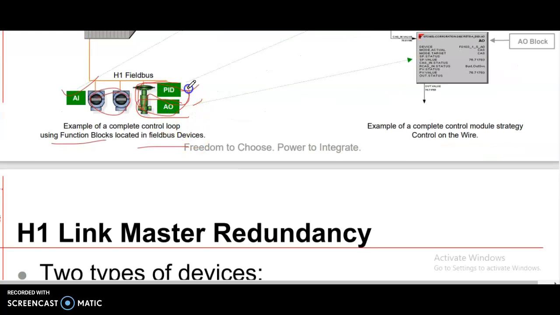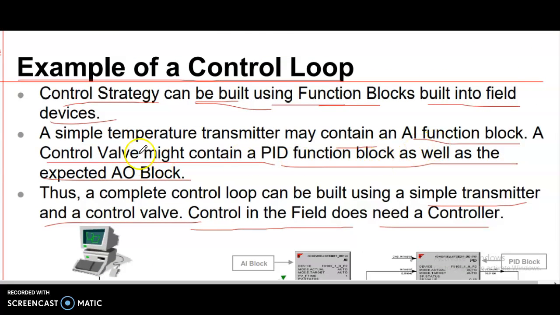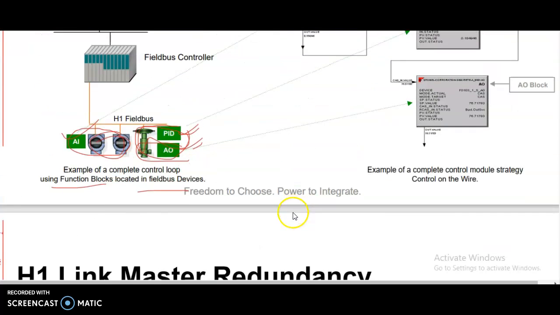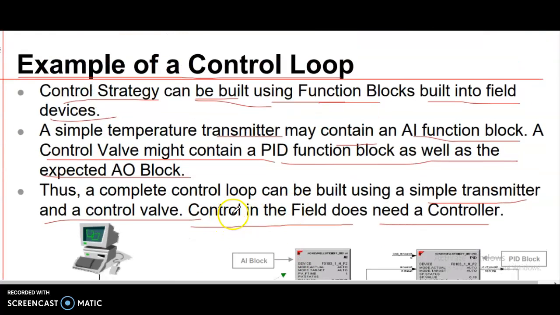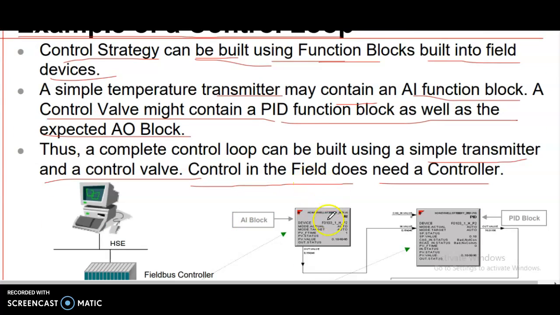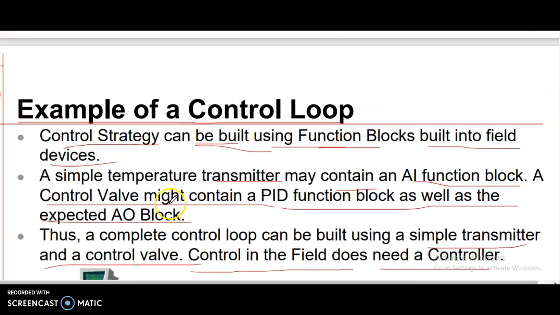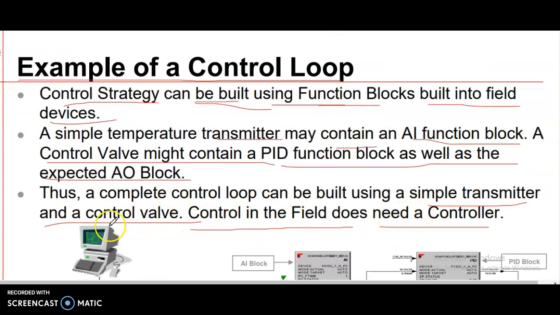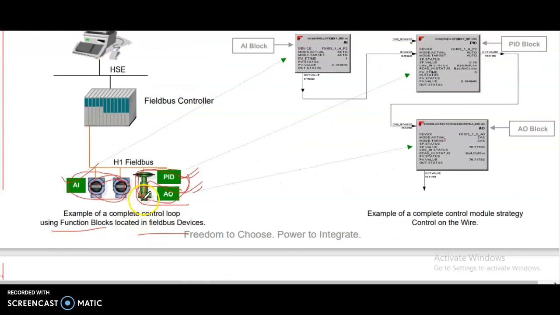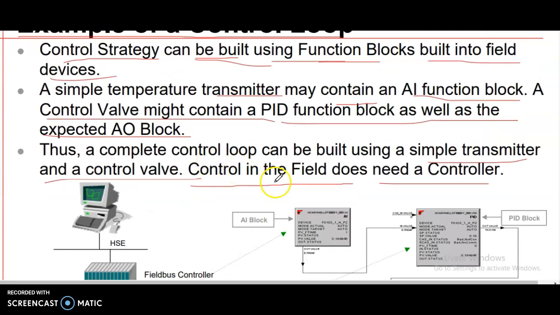This is the control valve having PID and analog output. This is the temperature transmitter, AI. Thus, a complete control loop can be built using a simple transmitter and a control valve.